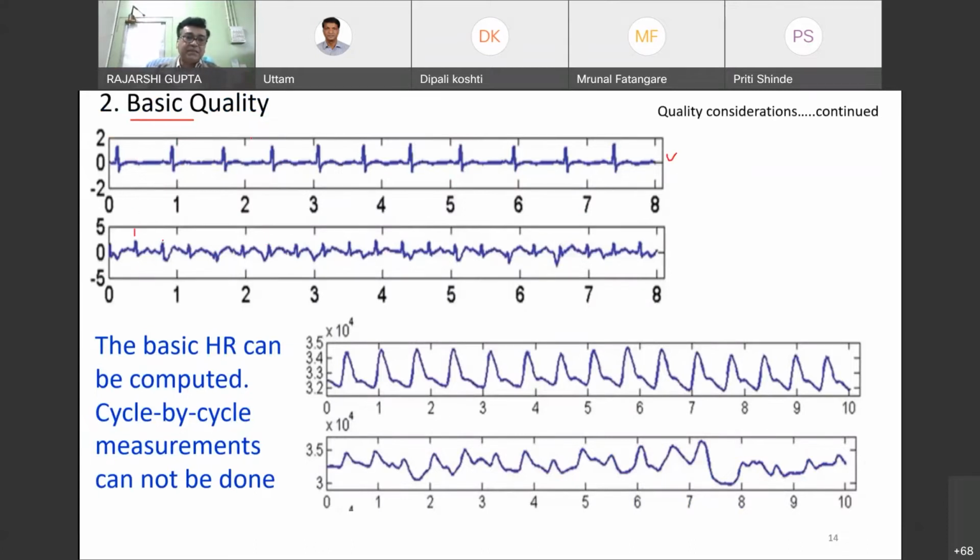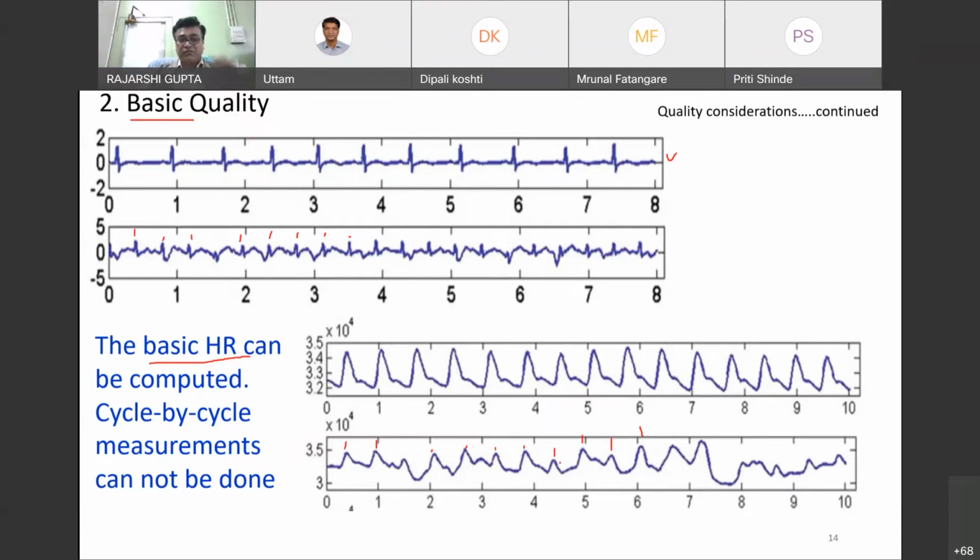Some peaks are visible here, and if these peaks represent the R peaks, then you can make some basic HR measurements, that means the number of beats or cycles per unit time. In the case of PPG also, if these peaks are visible, at least you can calculate the HR, and you can also calculate the HRV, which is very important for many autonomic functions. HRV is an old area of research, and many prominent studies are available on HRV measurements.